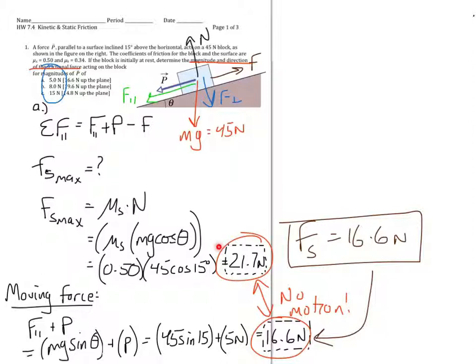If it's less, it's going to remain stationary, and it's only going to provide enough force to counteract the downhill forces. If the downhill forces do cause it to move, then you no longer have static friction, but you have kinetic friction, and you need to calculate the kinetic friction that way. All right, so that's the principle. I'm not going to solve B and C for you, but I think that should lay the groundwork for you to be able to do that yourself.